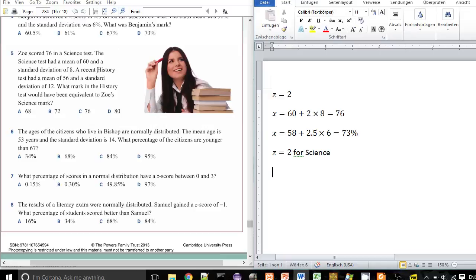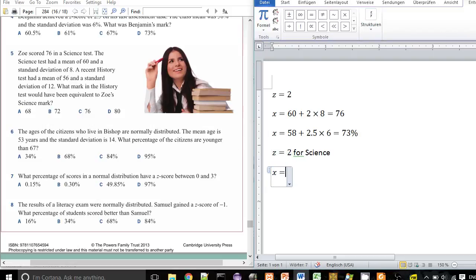Okay. What about for history? The mean was 56. To be equivalent, if she got Z equals 2 for that one, her mark in history would need to be more than 56. 2 lots of 12 is how far above. A z-score of 2 is very good.